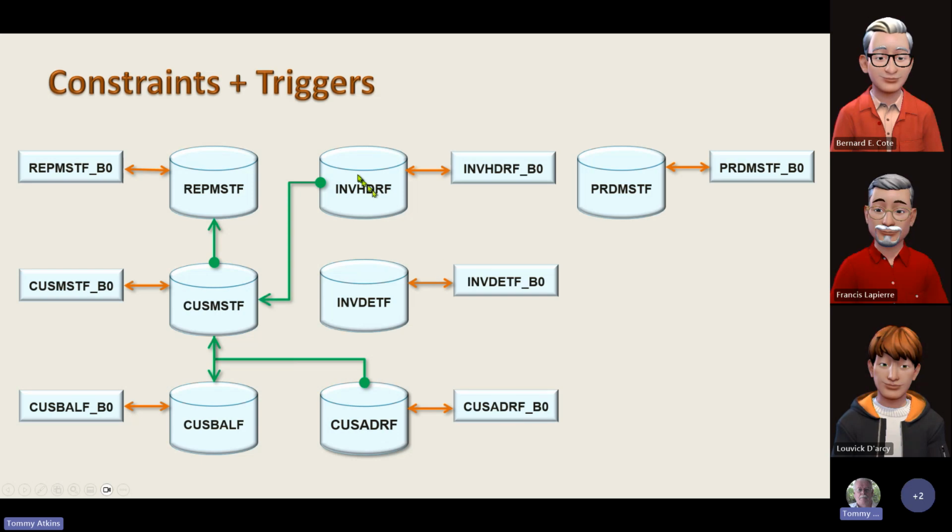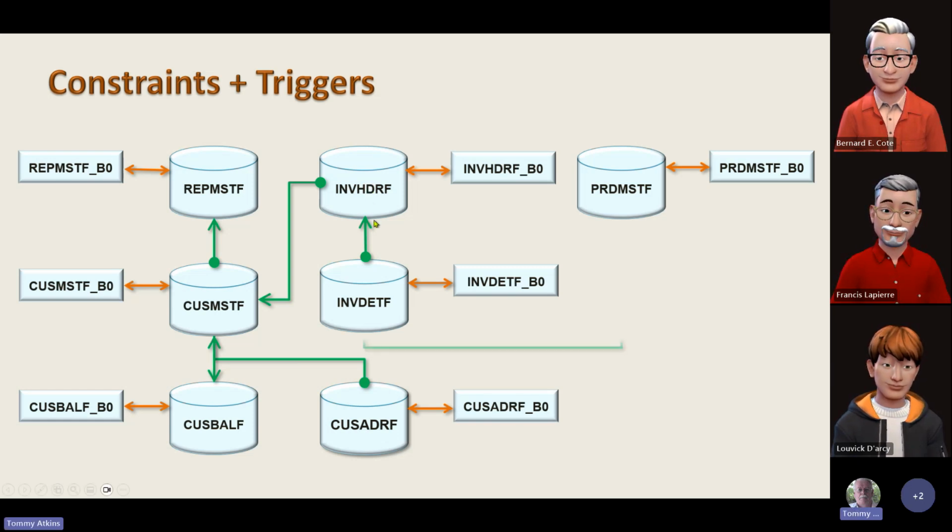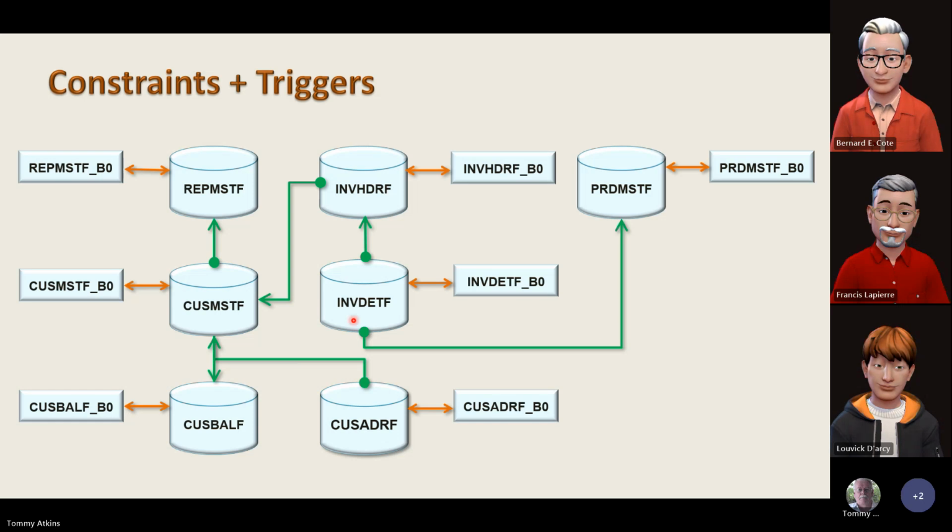Here's another one. Invoice header file, many to one customer, many invoice headers. And of course, many invoice detail lines to an invoice header. And of course, the next one would be a relationship here, product code to product master. Many to one.